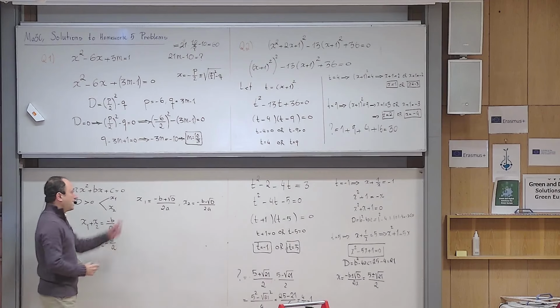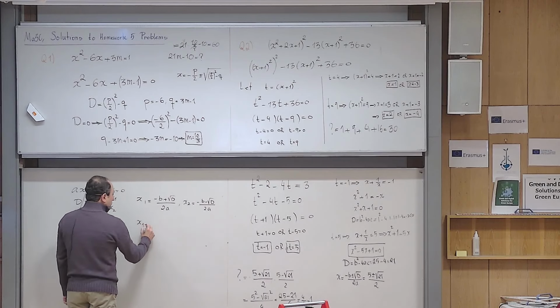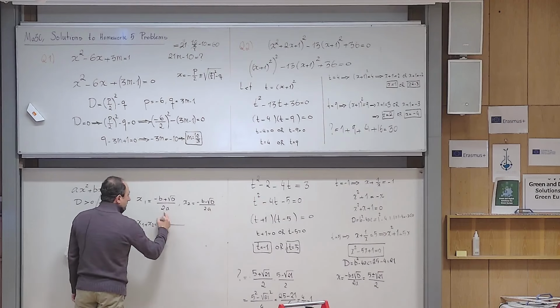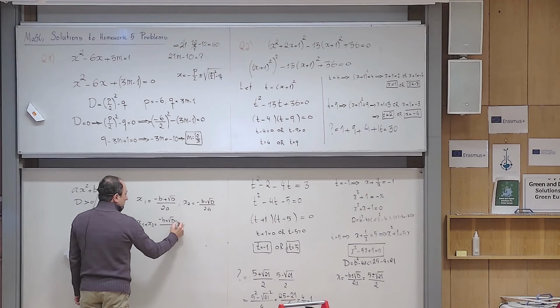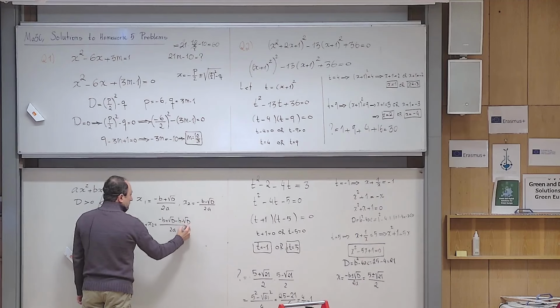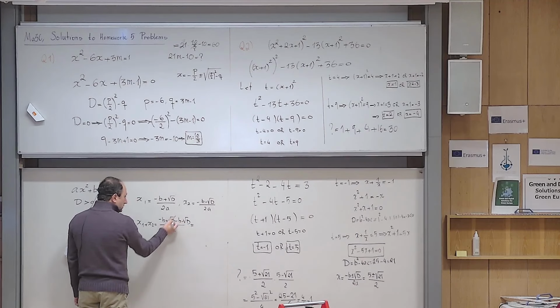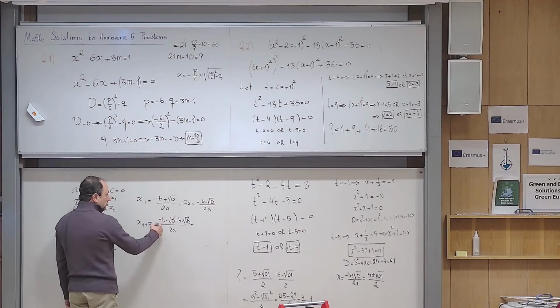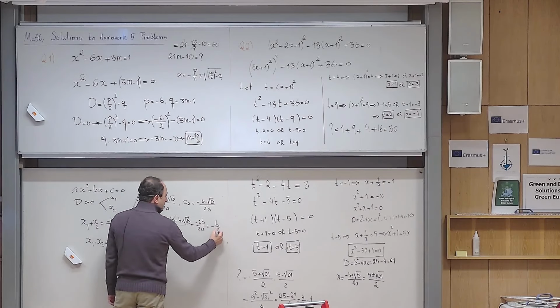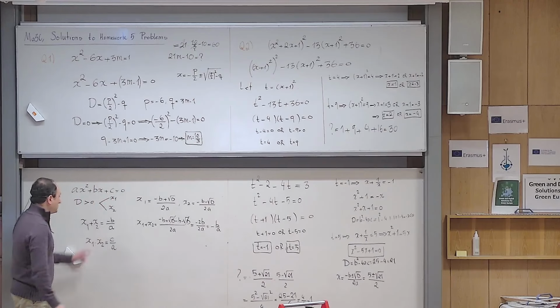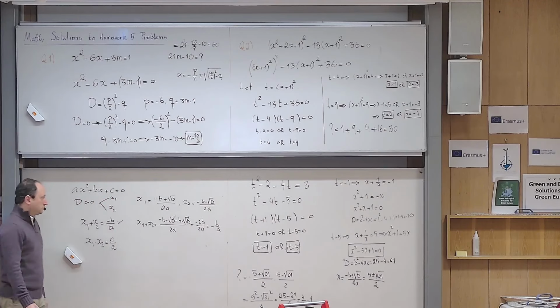If I ask you to add them up, what do you do? You say that, because the denominators are the same, I put the same denominator and I add the numerators. But when you add the numerators, whatever this square root is, it is gone. Minus b and minus b is minus 2b over 2a, and then you simplify 2 and 2, it becomes minus b over a. So this claim was established. Yes, it's proved.